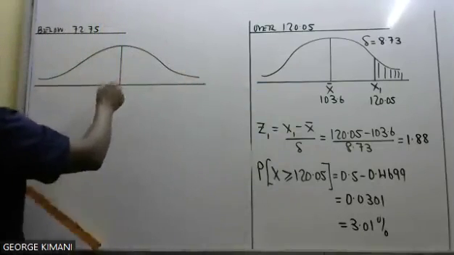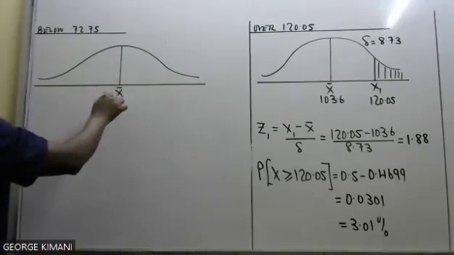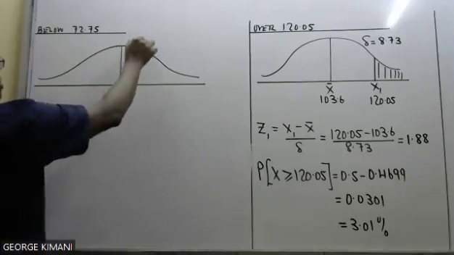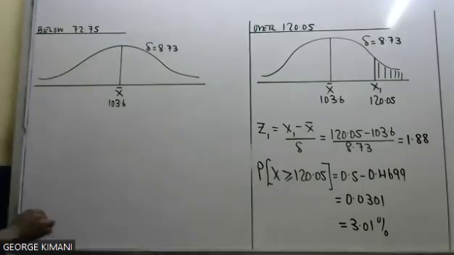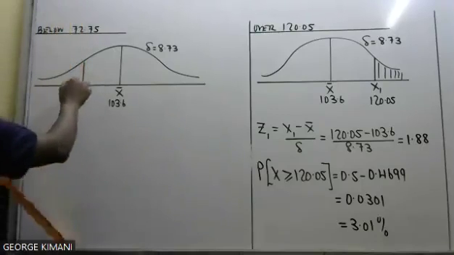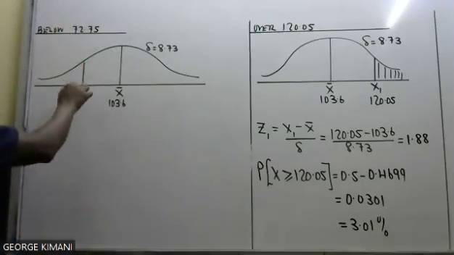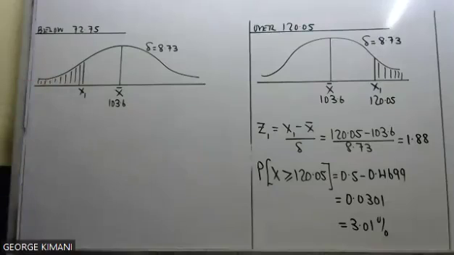This is X bar, which is 103.6. Standard deviation is 8.73. So below means we are here, X1 here.